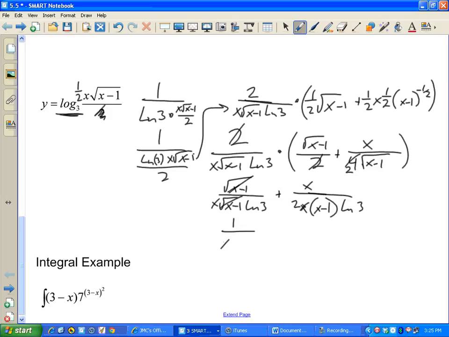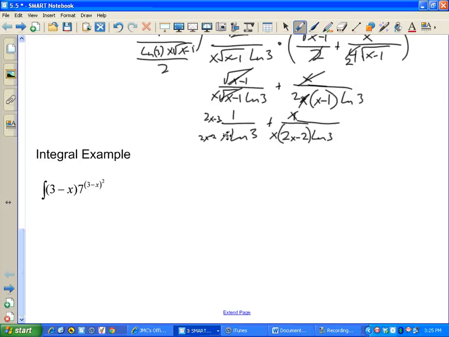So I've got 1 over x ln 3 plus, and cancel this x with this one. So now 1 over 2x minus 2 times ln of 3. We'll just leave it like that. We could get a common denominator here if I multiply this by x and x, and multiply this by 2x minus 2 and 2x minus 2. I guess that's not too hard to finish off.